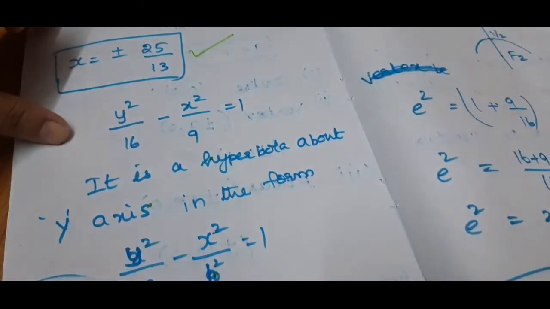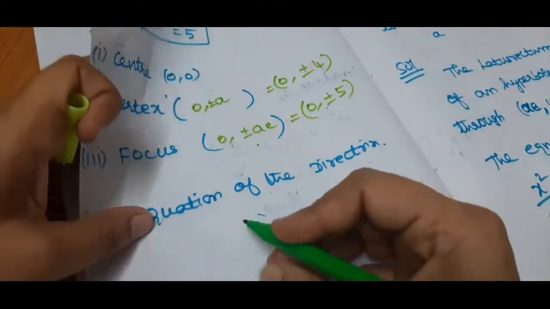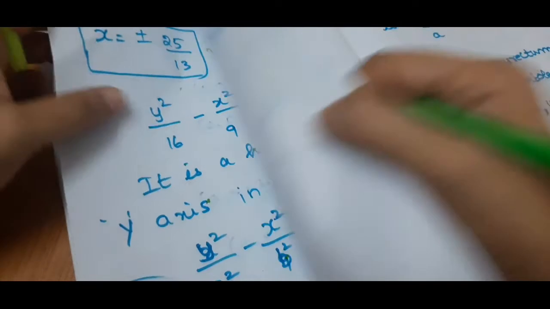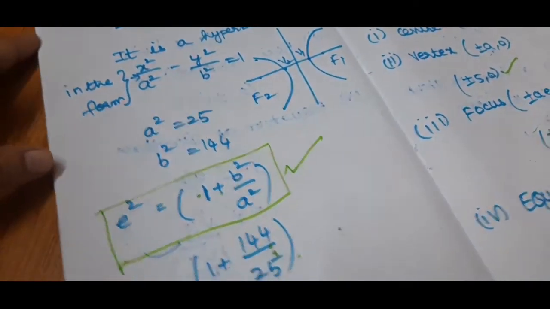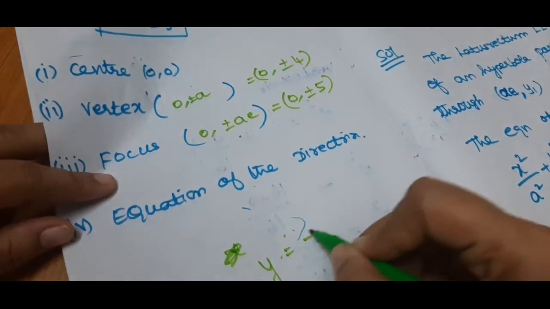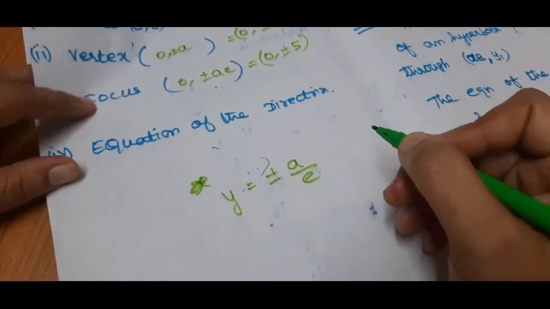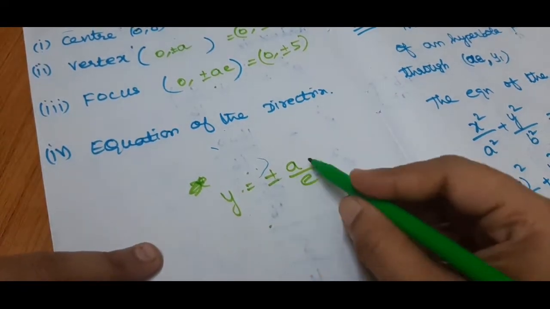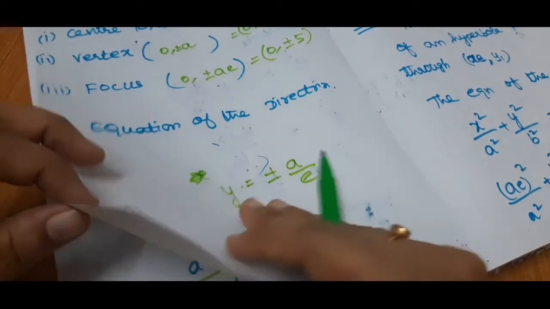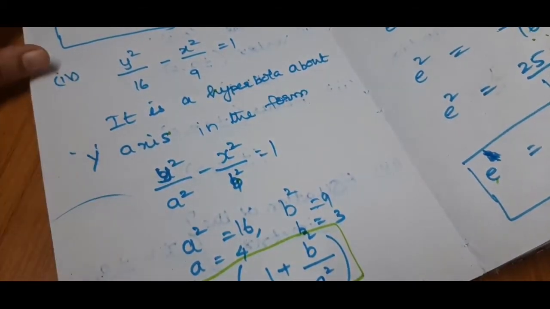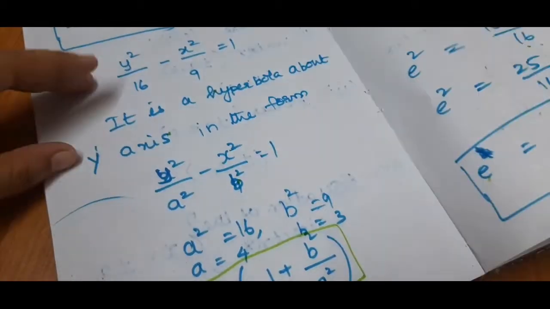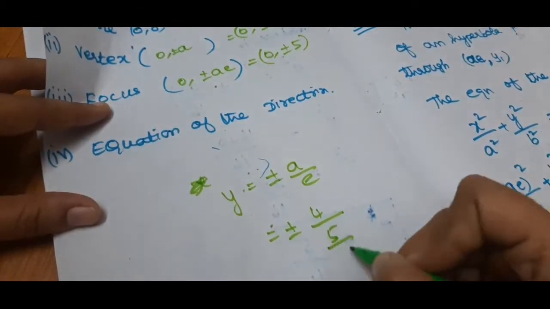Equation of the directrix will be y is equal to plus or minus A by E. That is plus or minus A answer is 4 by E answer is 5 by 4.